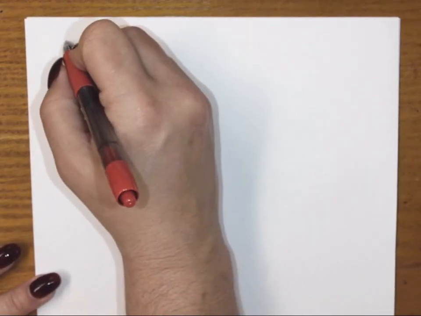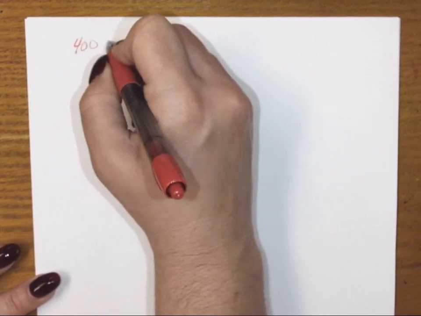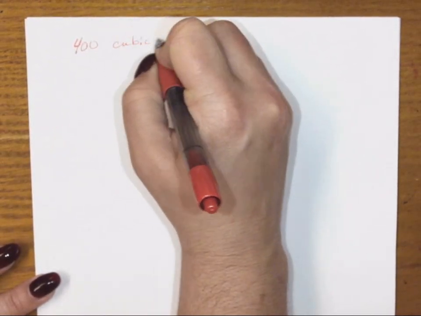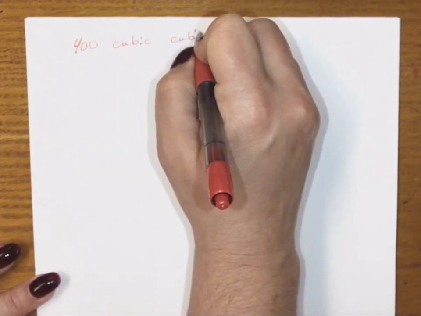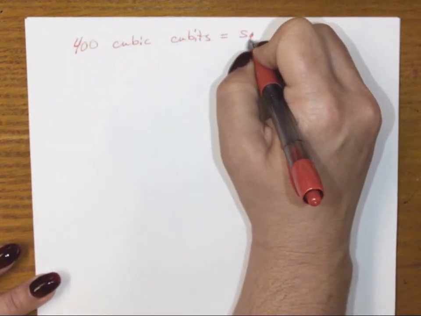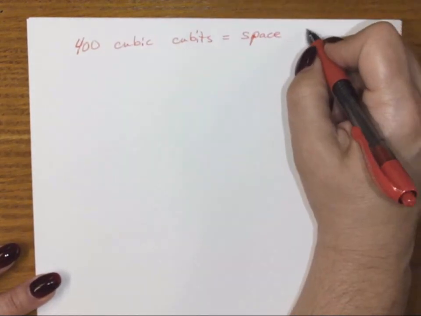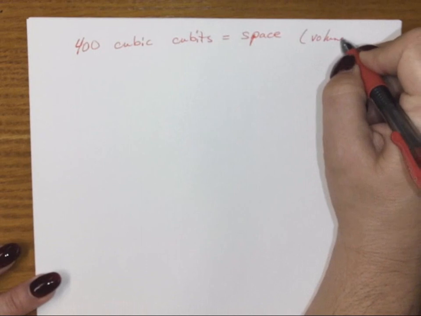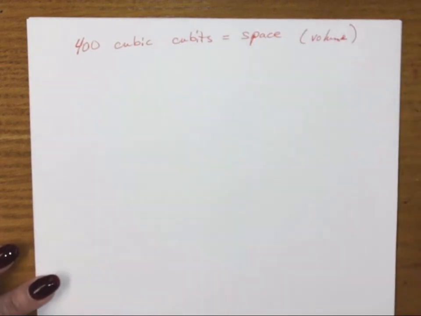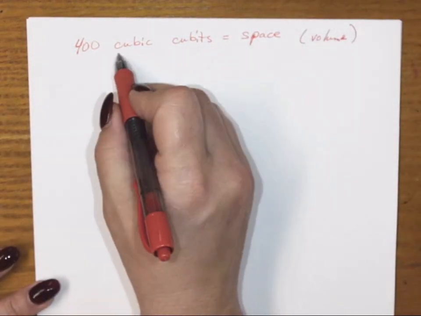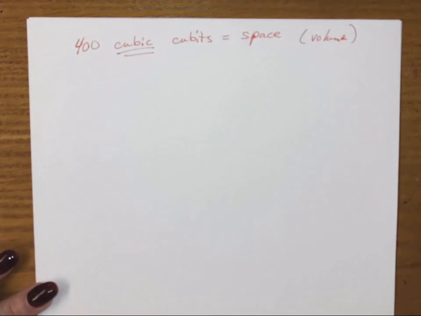Okay, so 400 cubic cubits is its space. Now, for us today, we'll know that that looks like volume, right? Okay, so the space, because it's the cubic units in there.